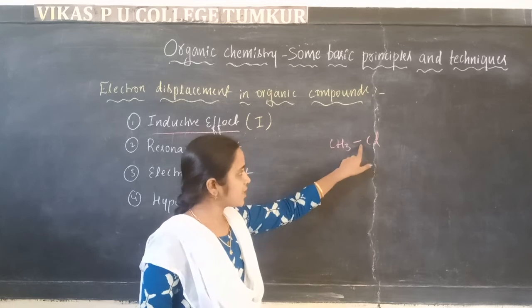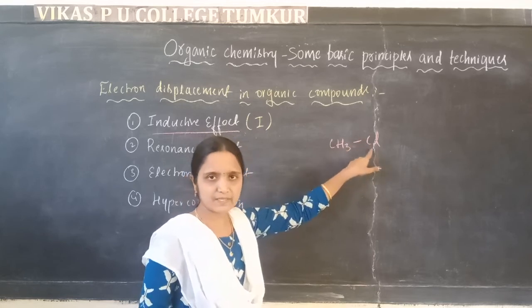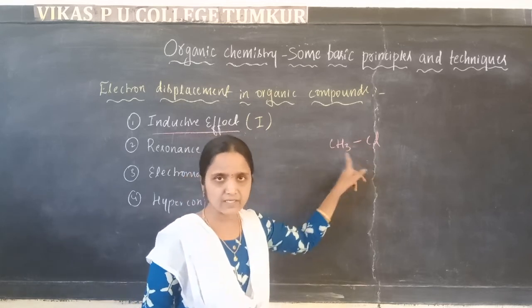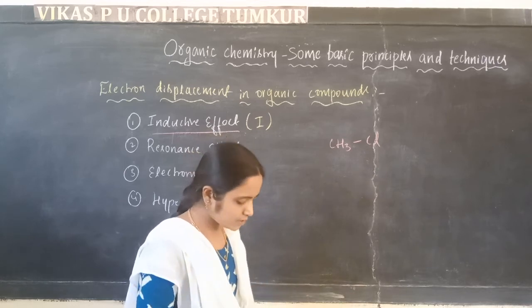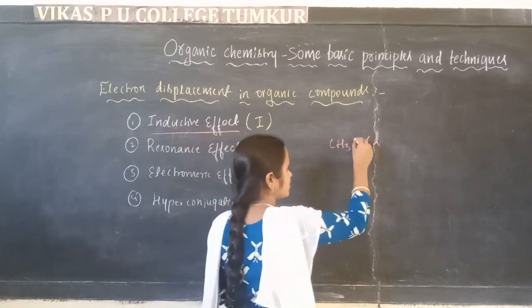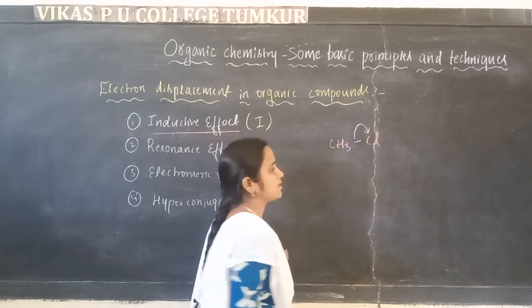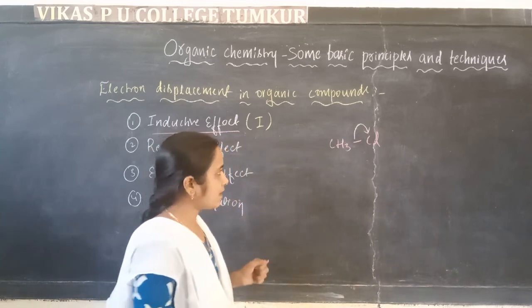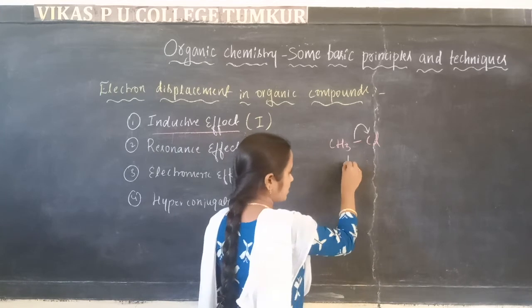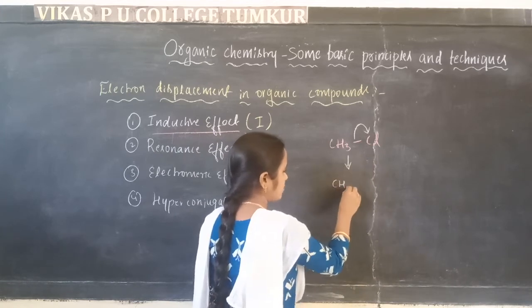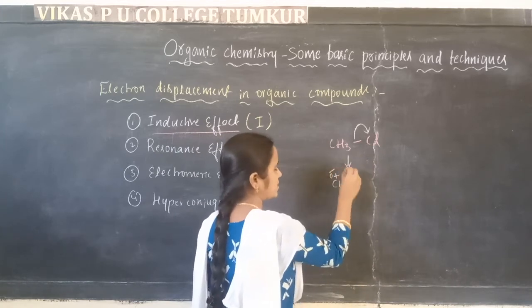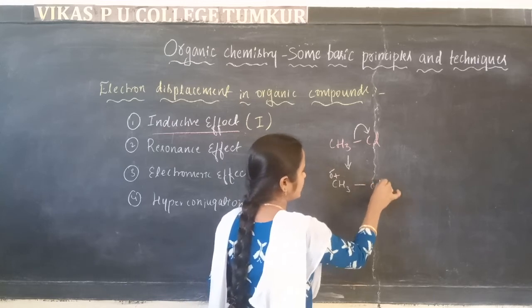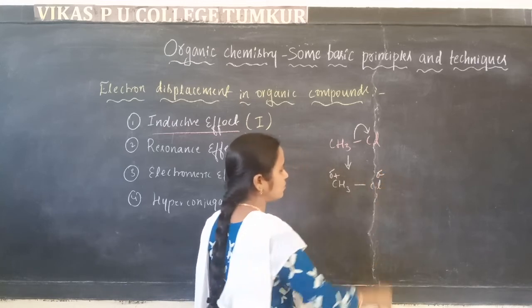Therefore, the shared pair of electrons between the carbon and the chlorine is going to shift towards the chlorine. At that time, this carbon gets the partial positive charge and the chlorine gets the partial negative charge.